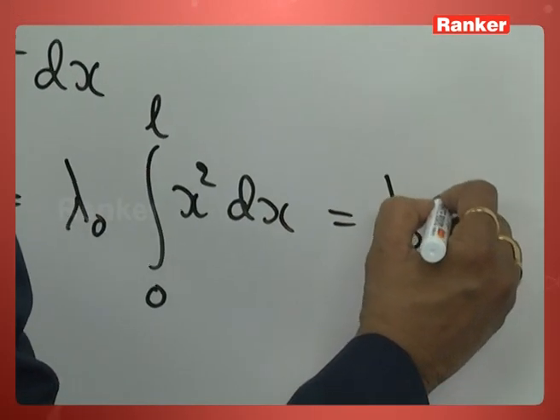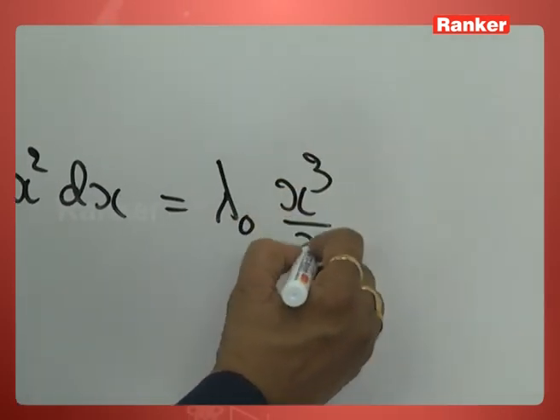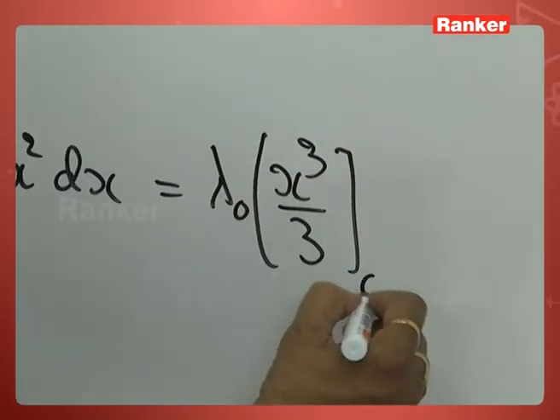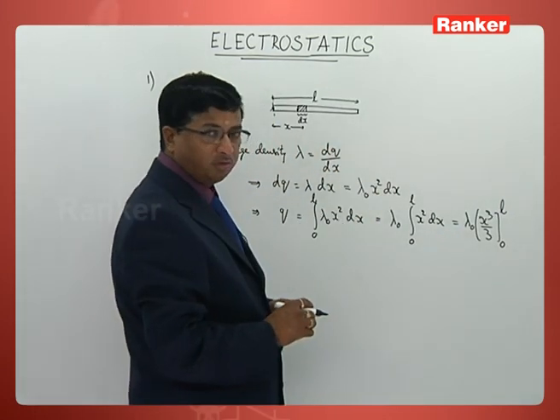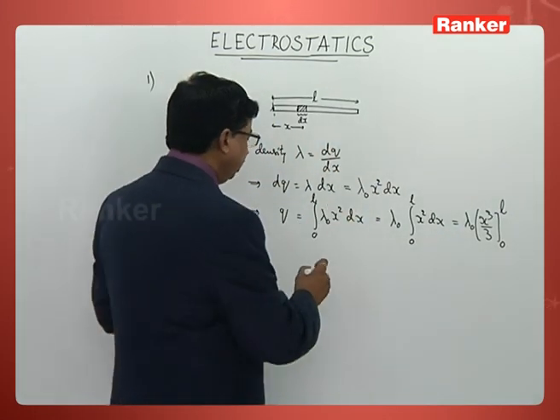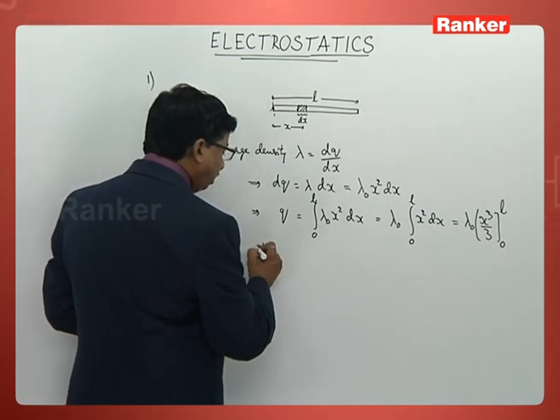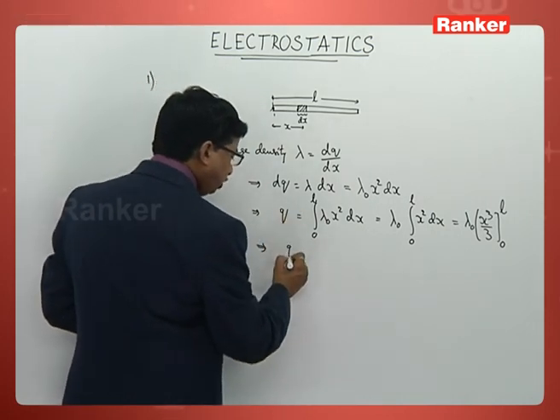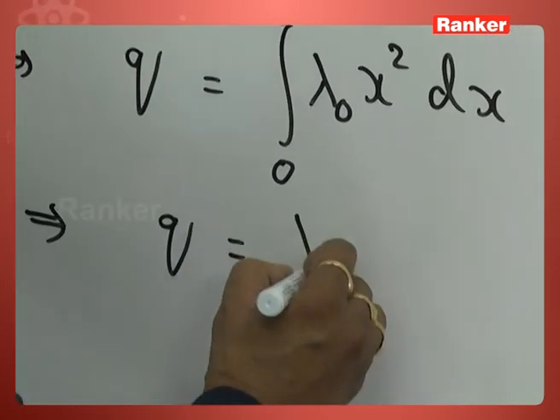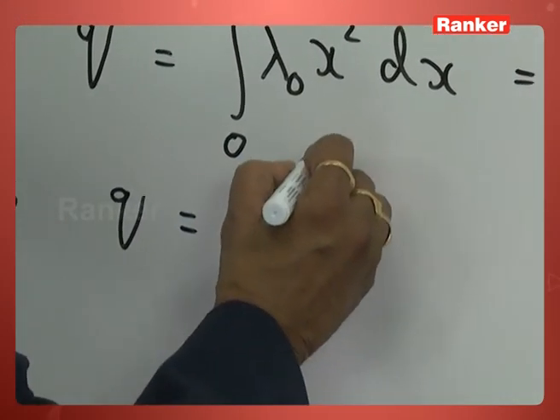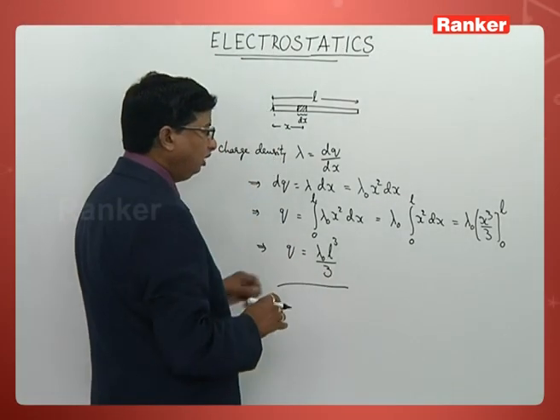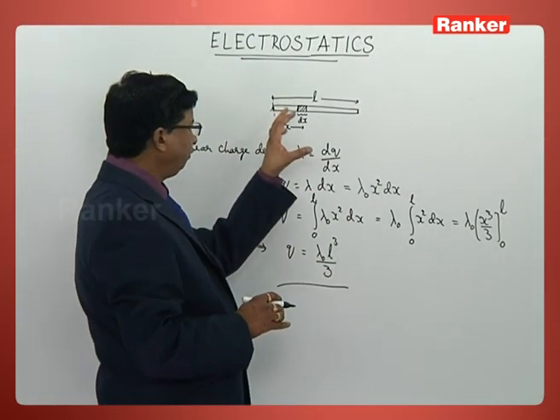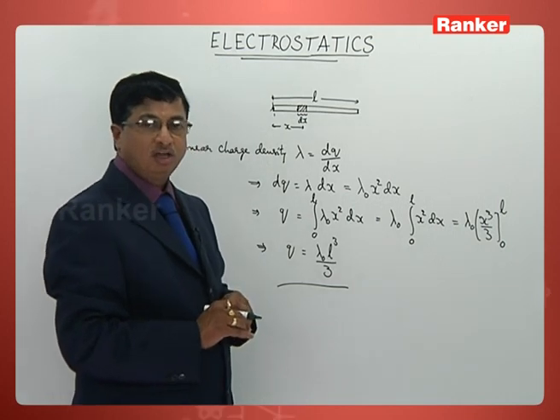So lambda naught x cube by 3 between the limits 0 and L. Now substitute the limits, and you get the total charge on the entire length of the rod, q, which is lambda naught L cube divided by 3.